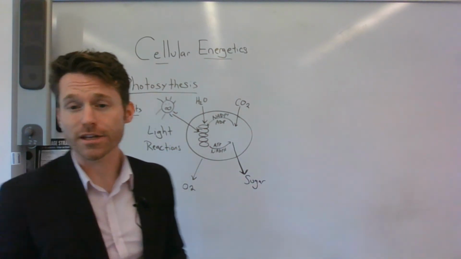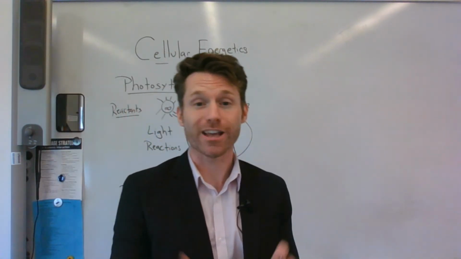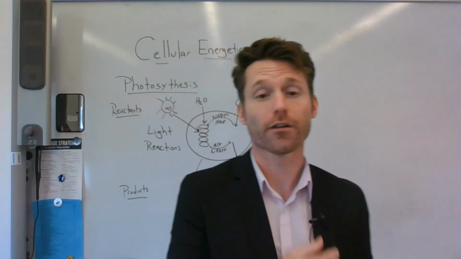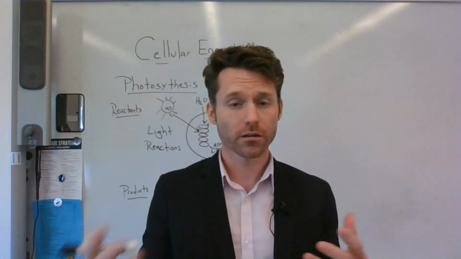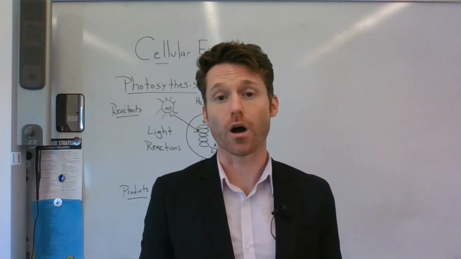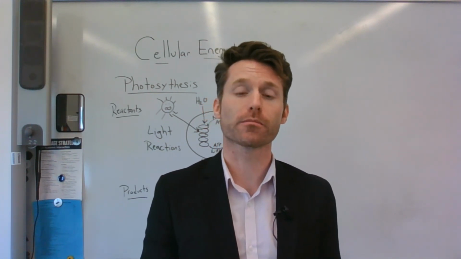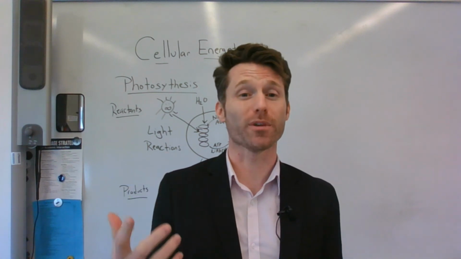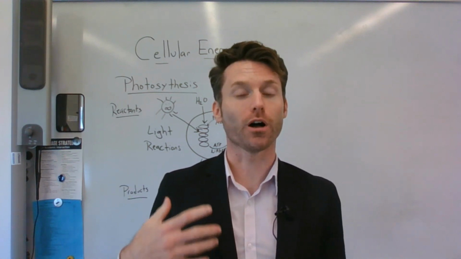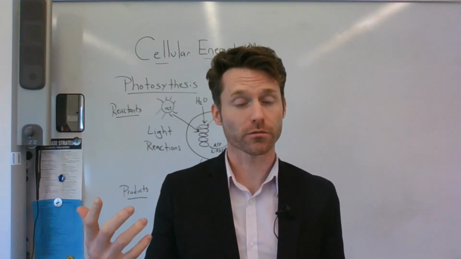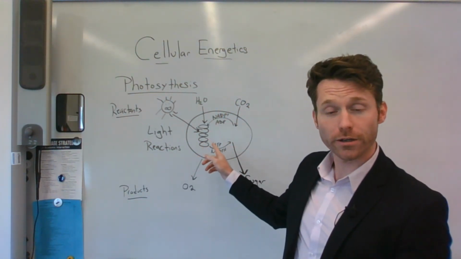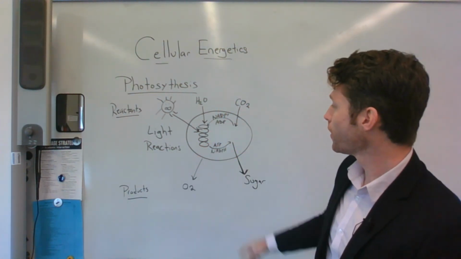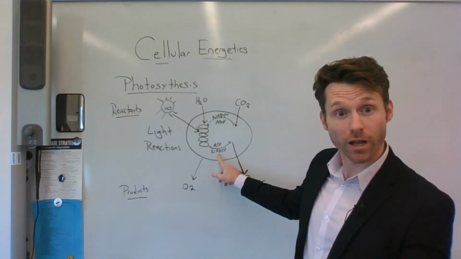And so this is the set of reactions that are actually harnessing that energy from the light and then producing a midway molecule to hold that energy. And we are going to use that midway molecule to ultimately produce sugar in the end. But the light reactions occur within the thylakoid.